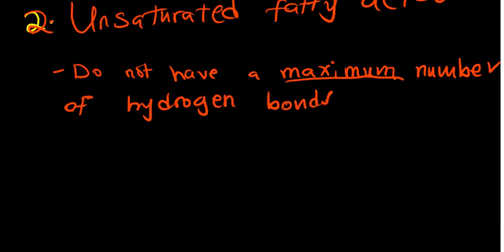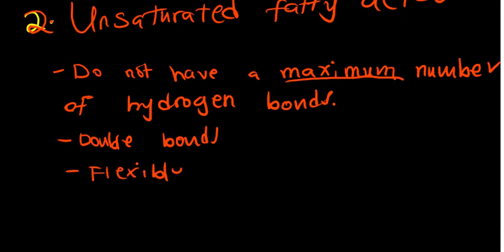So this means that these guys, they are deficient of hydrogen. They are also characterized by double bonds. So this means that they are flexible, unlike the saturated fatty acids, which are not flexible. They are flexible because of the double bond that they have.